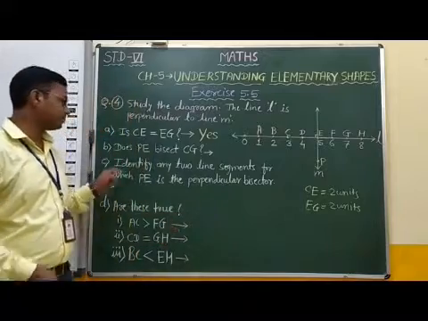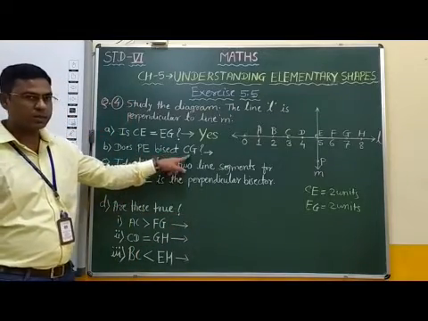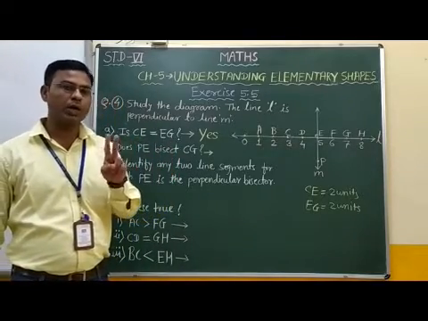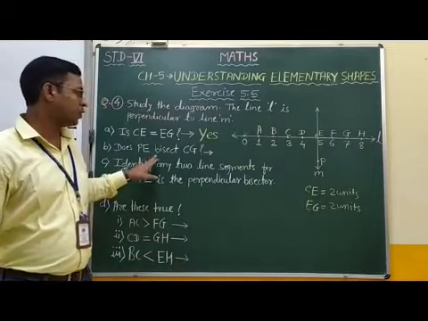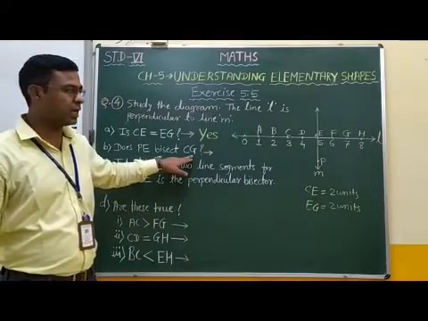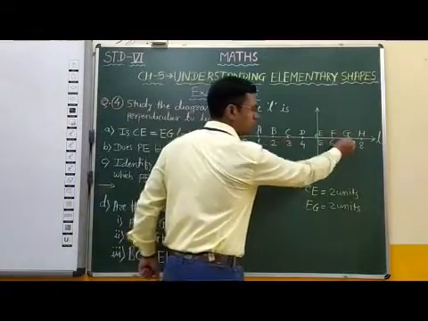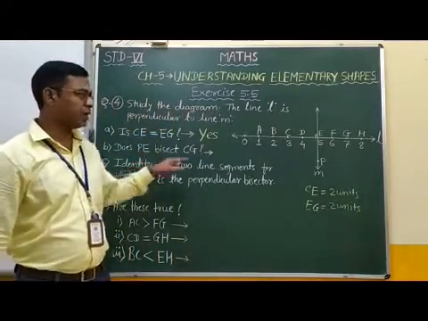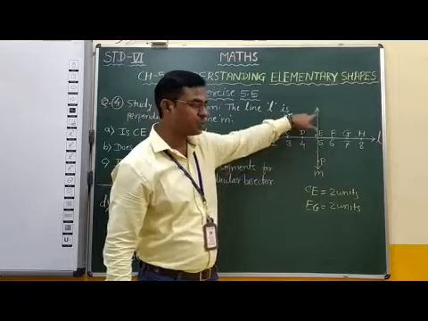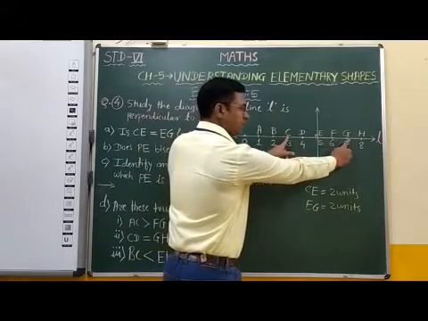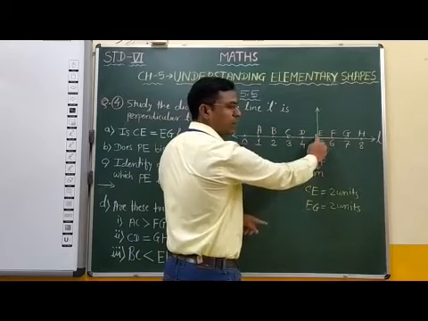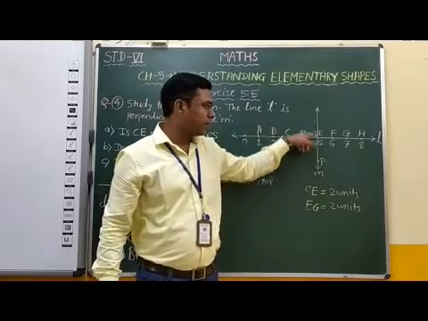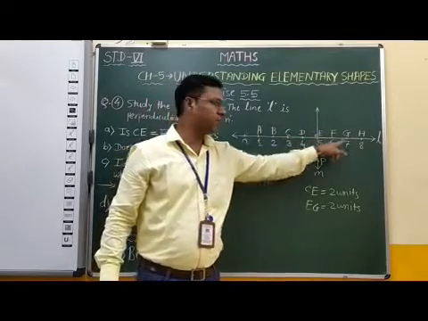Now, question B. Does PE bisect CG? Here, bisect means divided into two equal parts. We consider the line segment CG, from C to G. For this line segment CG, the line PE is perpendicular at point E. But we have to check whether PE bisects CG or not.